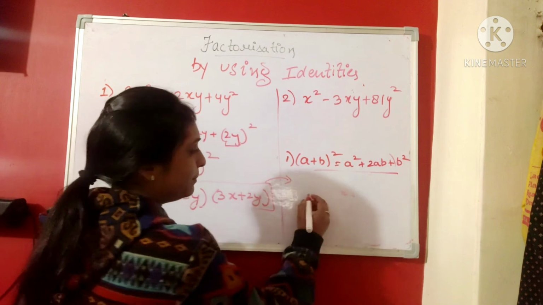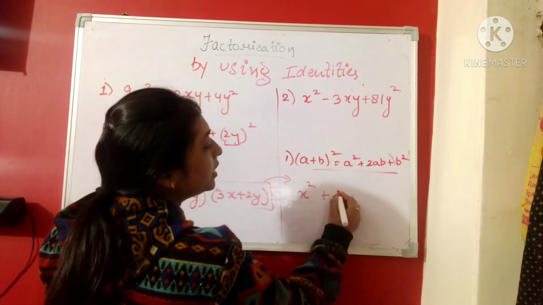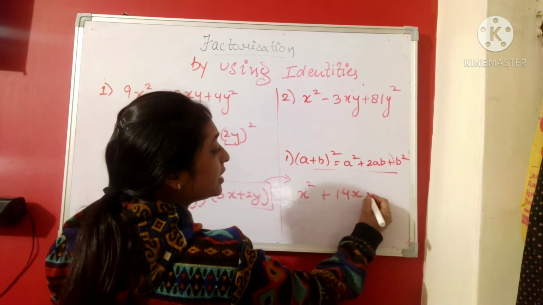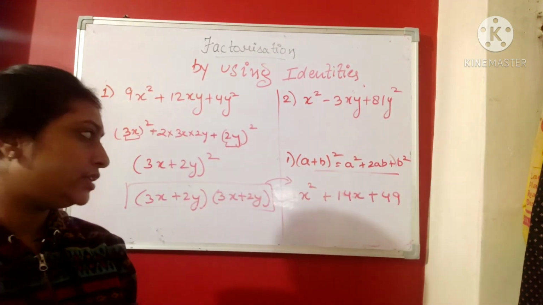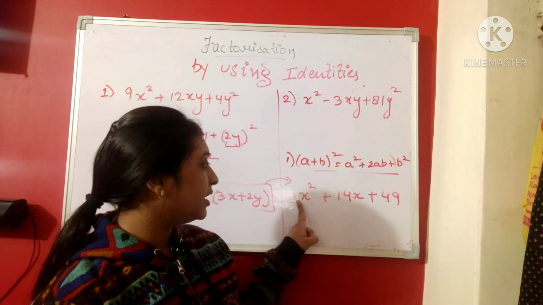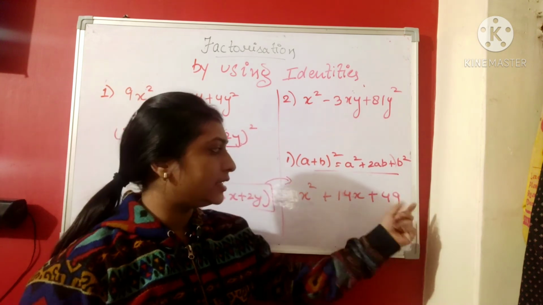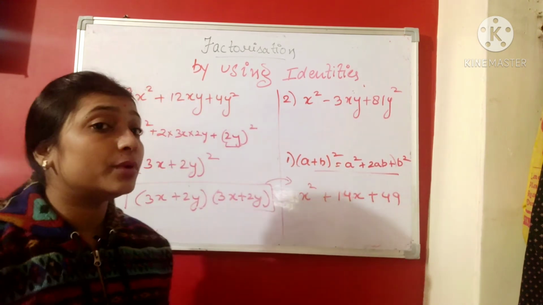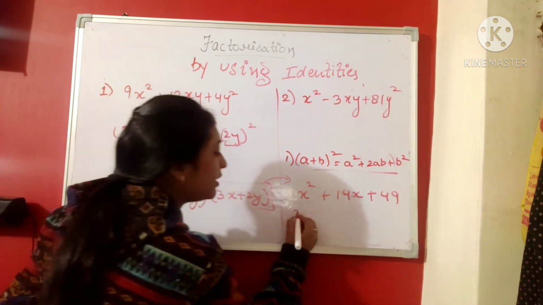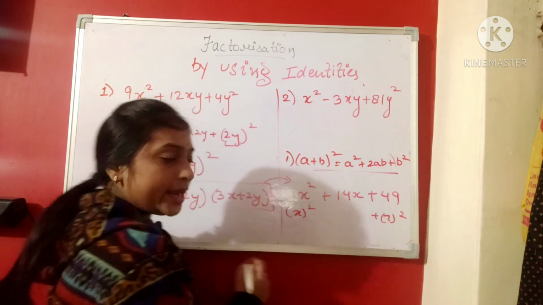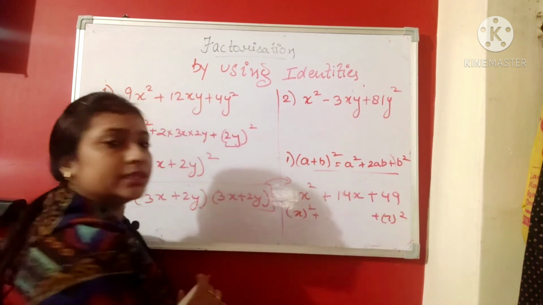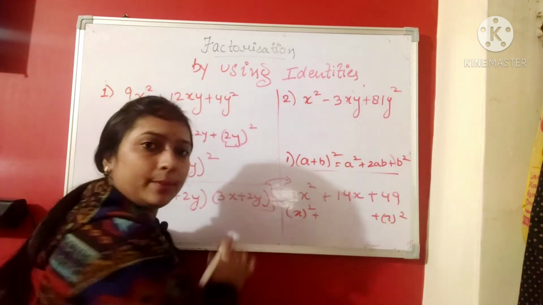Have one more example. x square plus 14x plus 49. Suppose this is the expression, and we see that x square is a perfect square and this 49 is also a perfect square. So, if we write x over here and 7 over here, then the middle term should satisfy the 2ab thing.